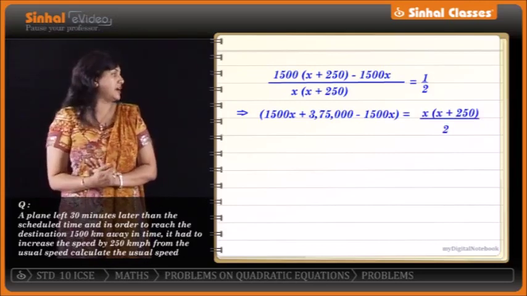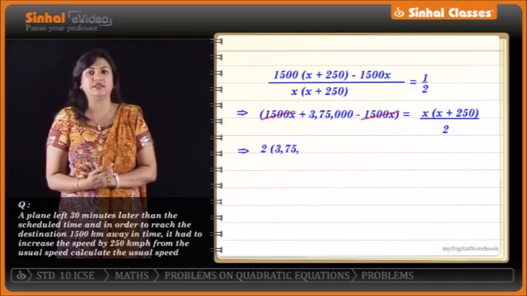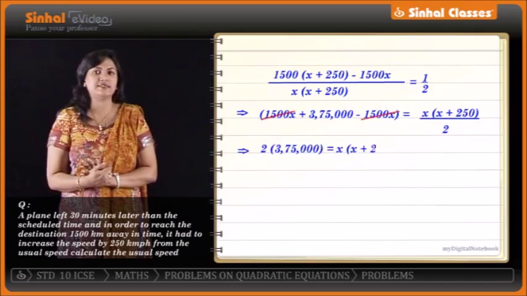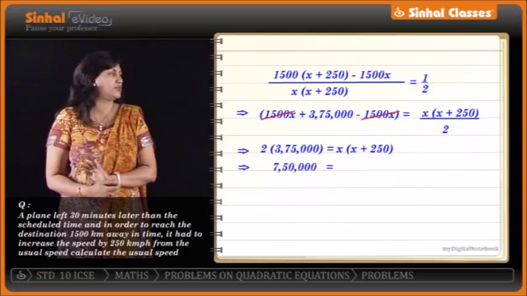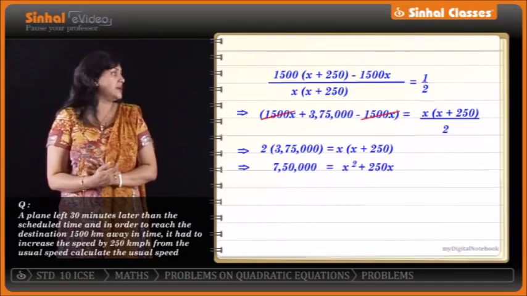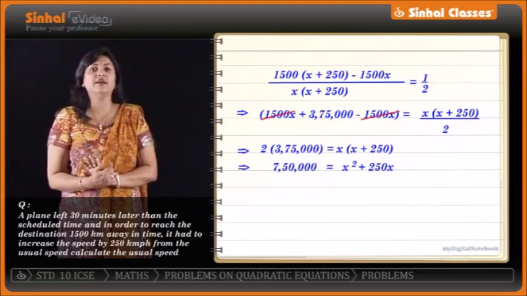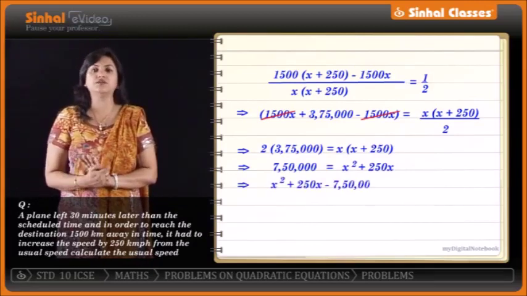So the equation becomes 2 into 3,75,000 equal to x into x plus 250. Now solve this. 2 into 3,75,000 gives us 7,50,000 is equal to x square plus 250x. Now take that to the other side. x square plus 250x minus 7,50,000 is equal to 0.